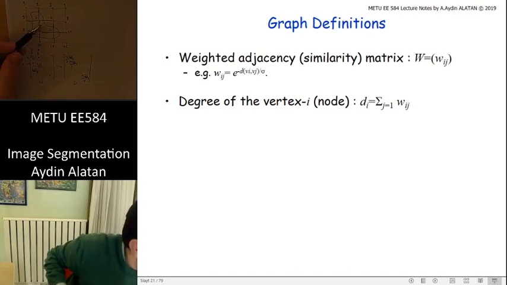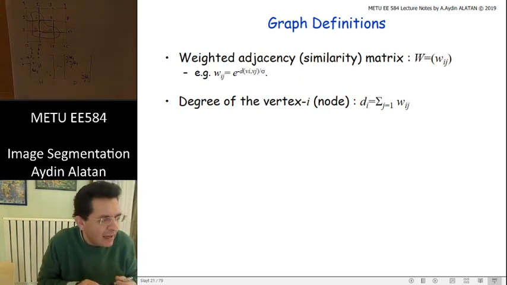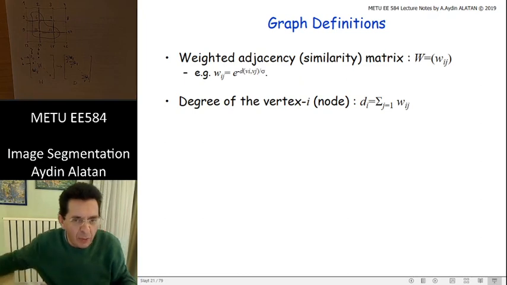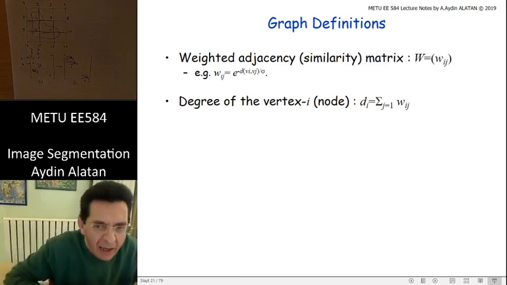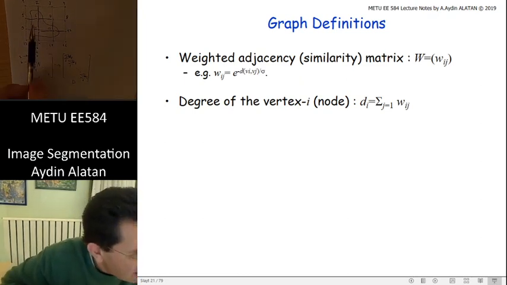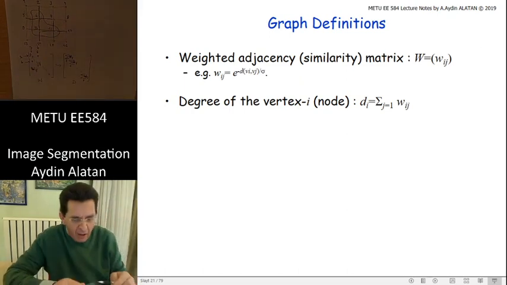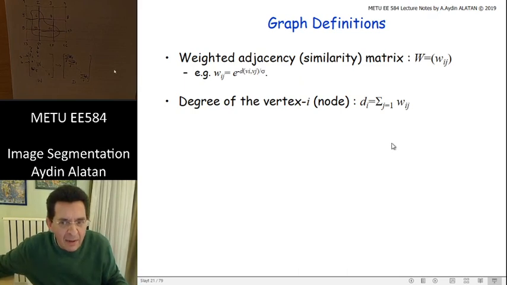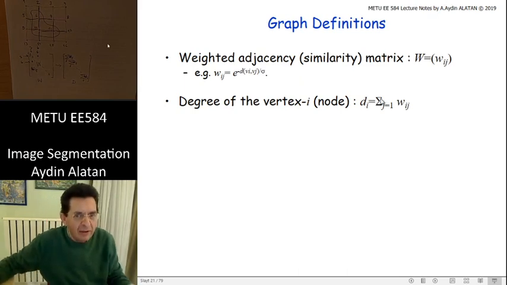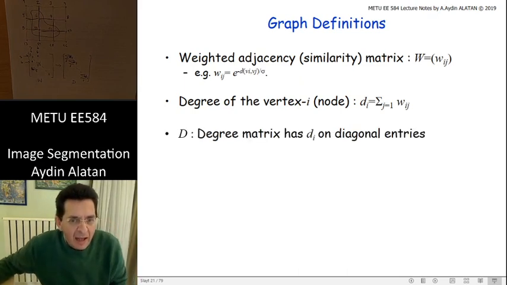If it is between 0 and 1, we should write, for example, 0.7 here and here, indicating that pixel 6 and pixel 2 are similar with 0.6. The degree of a vertex is nothing but, for pixel 2, all its neighbors: we sum its similarities to its neighbors. We call it the degree matrix.